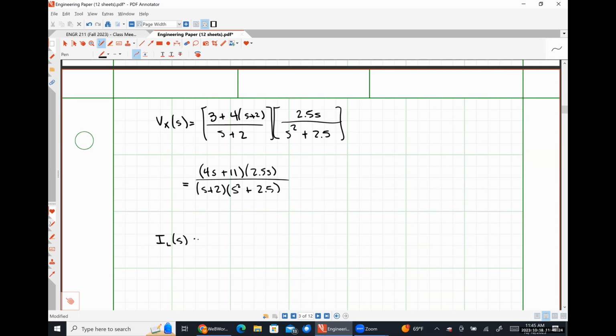IL of s is just going to be Vx divided by s, which would be 4s plus 11 times 2.5s over s times s plus 2, s squared plus 2.5, and then we would do partial fraction expansion on that guy, and we're off to the races.